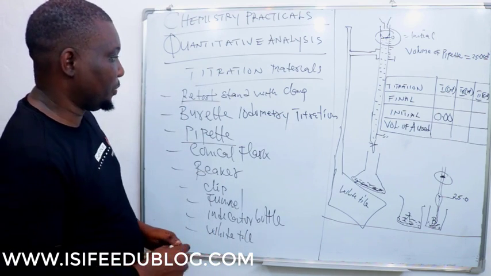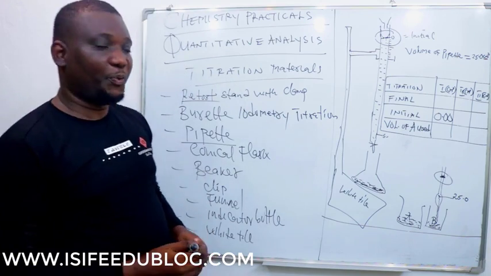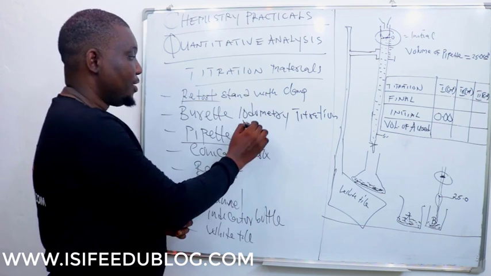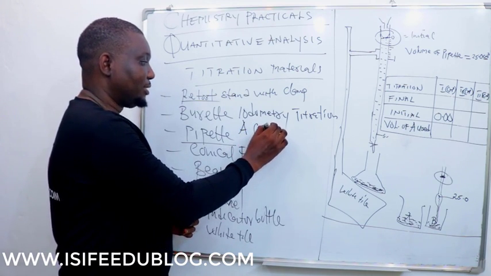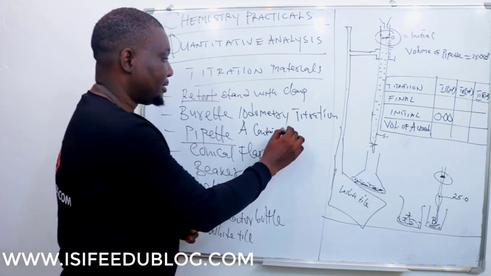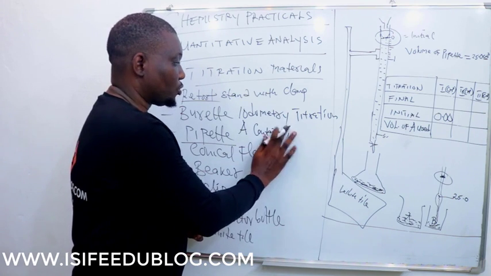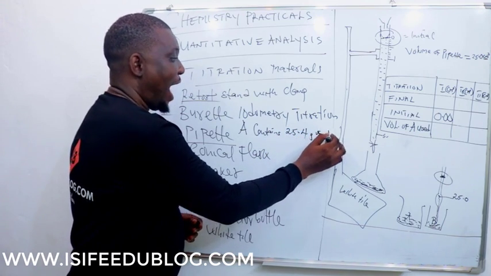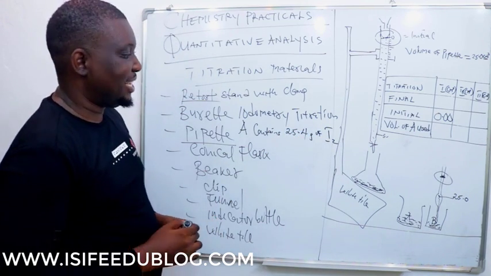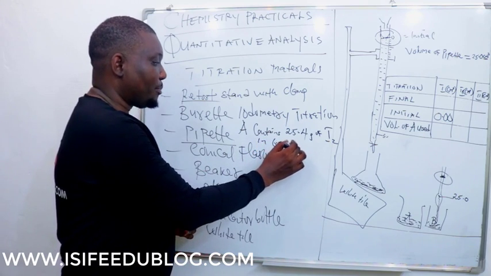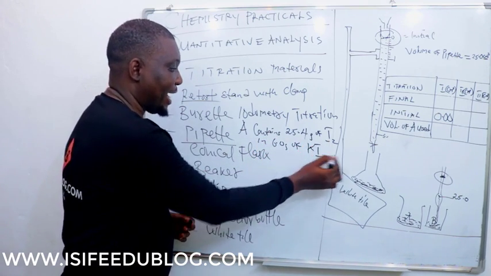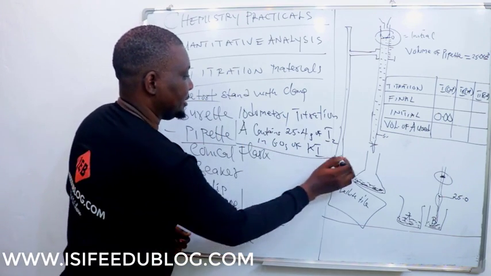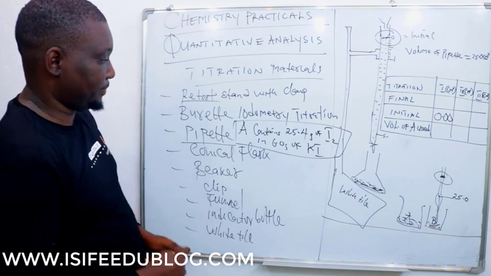Please, I would like you to be very careful on this. You are given that solution A contains 25.4 gram of I2, iodine, in 6.0 gram of potassium iodide. That is what A is. Please take notes.